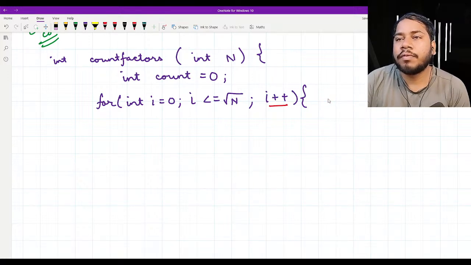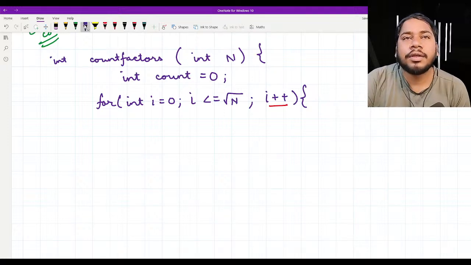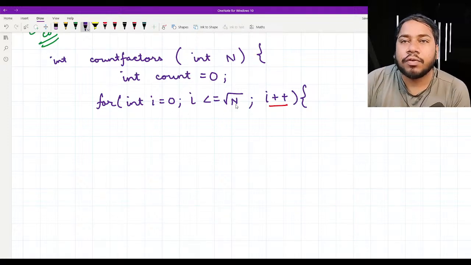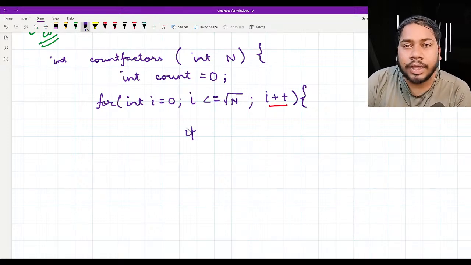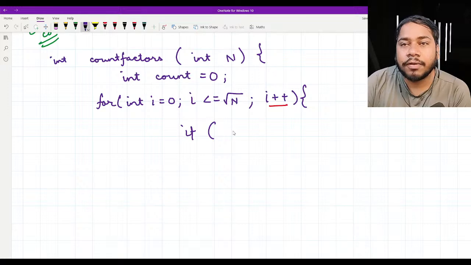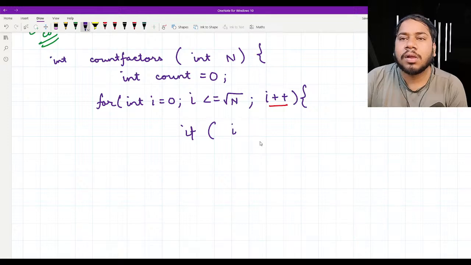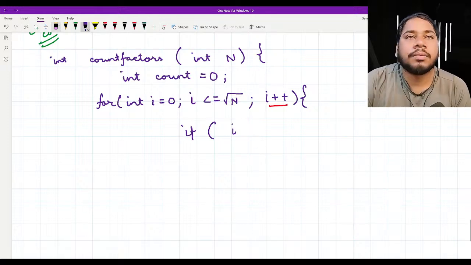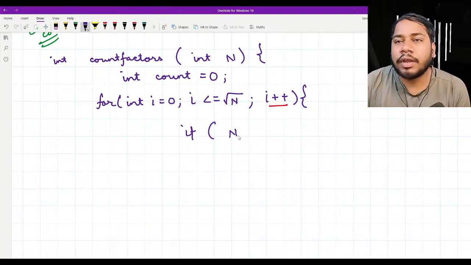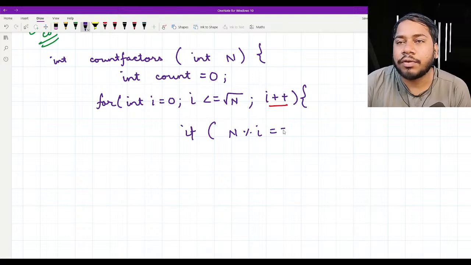So now what will we write? If it is between this, we will go inside. Here we will have n modulo I is equal to 0.